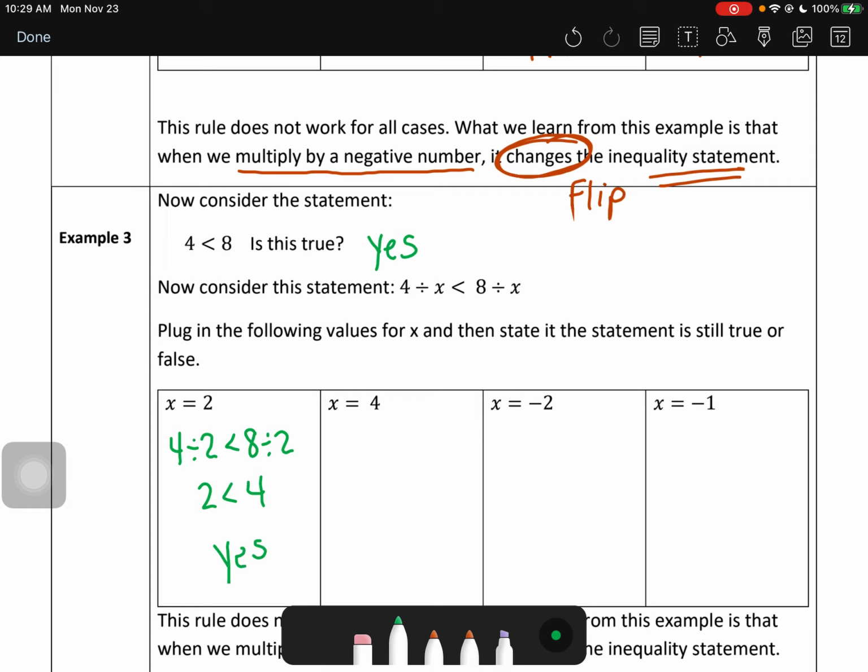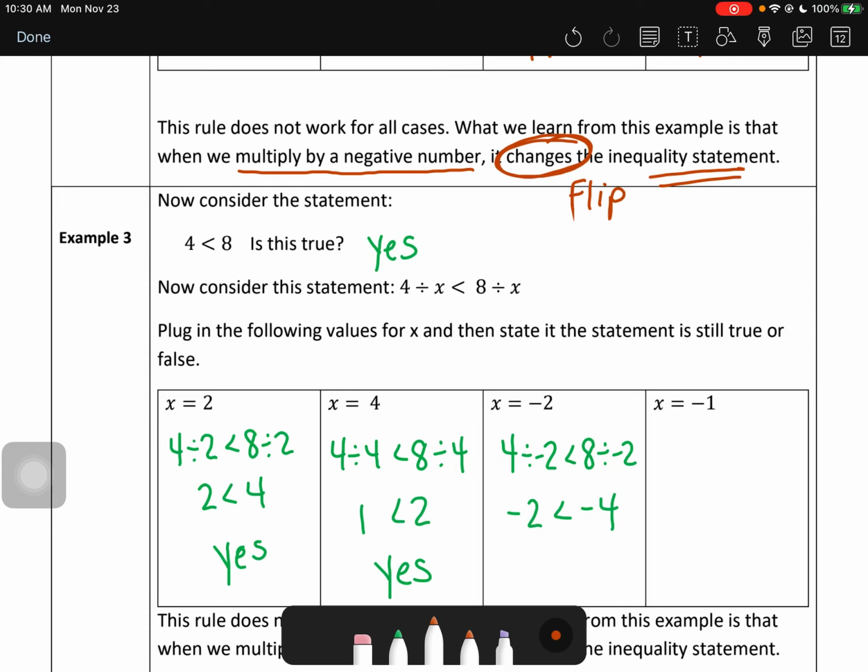Let's divide by 4. 4 divided by 4, is that less than 8 divided by 4? Is 1 smaller than 2? Yes. Let's do a negative number. Is 4 divided by negative 2 smaller than 8 divided by negative 2? Is negative 2 smaller than negative 4?